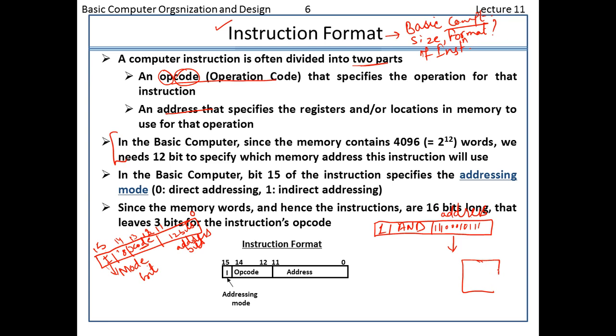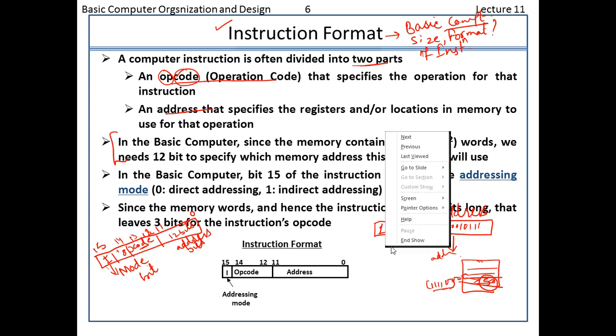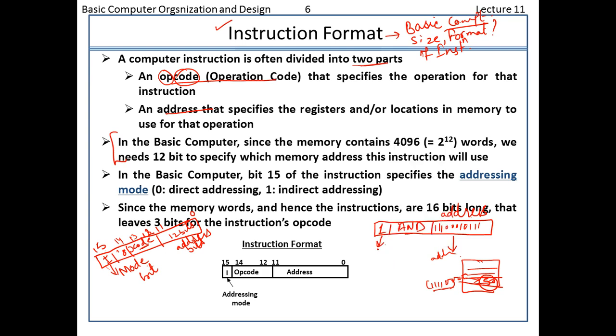It will refer to the memory and go to this particular address, which is starting from 111. Now in this address, within the memory, some data is present, let's suppose 50. Now what you have to do with this data: this data is to be ANDed, with I meaning what? I here means the mode bit.